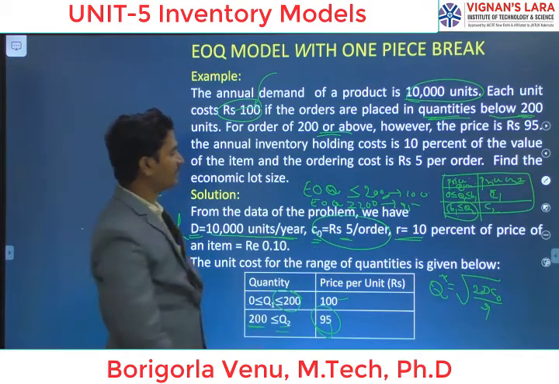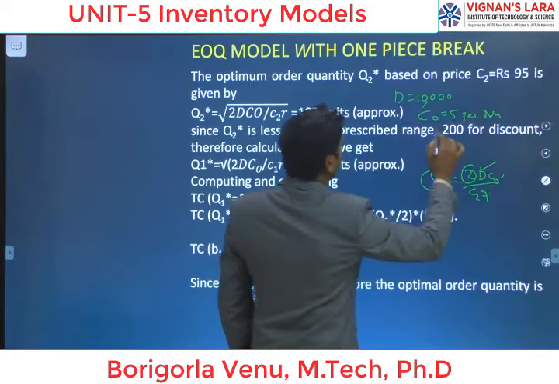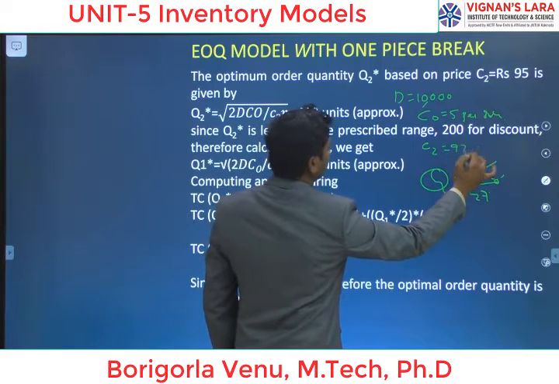The lowest unit price is 95, so I am going to take C2 as 95.